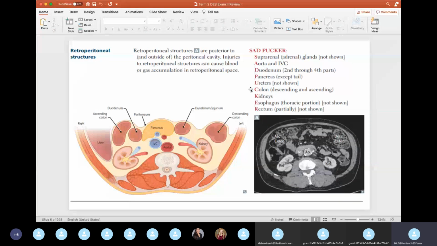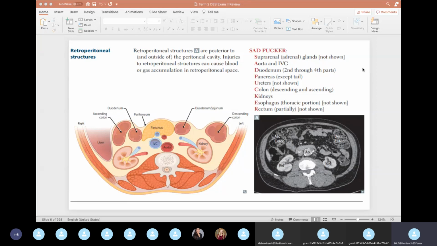Next one, do I need to memorize the retroperitoneal structures? Yes, this is very high yield. So put a star here. What do we mean by retroperitoneal structures? It means those structures that are posterior to the peritoneal cavity. Don't forget, any injury to these structures can cause blood accumulation in your retroperitoneal space.